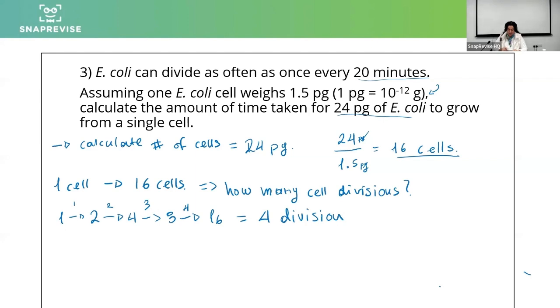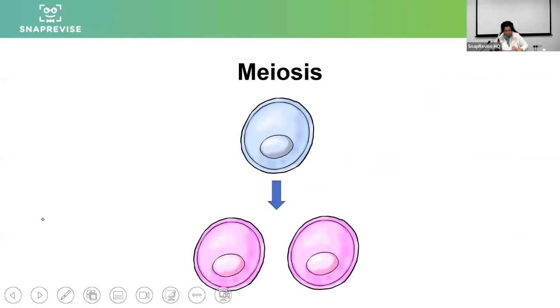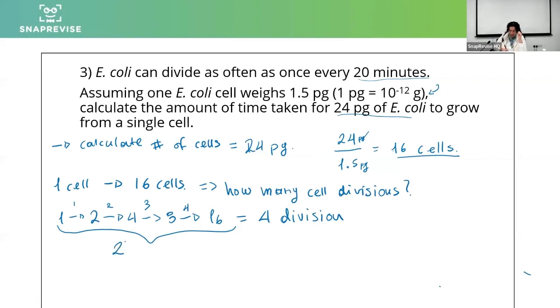Just quickly, you can write it out like that if that makes more sense to you, to count basically the number of cell divisions, or if the numbers were different and it would be impractical to write out all the cell divisions, you could also use the formula: number of cells is 2 to the power of n, where n is the number of cell divisions.